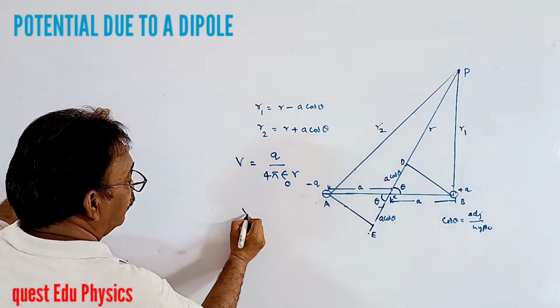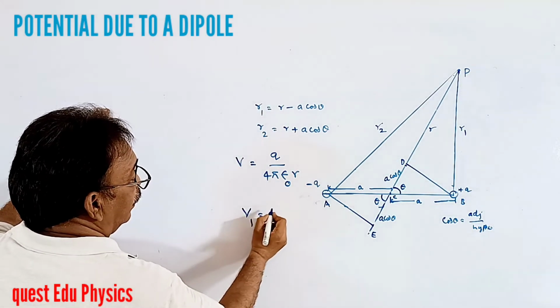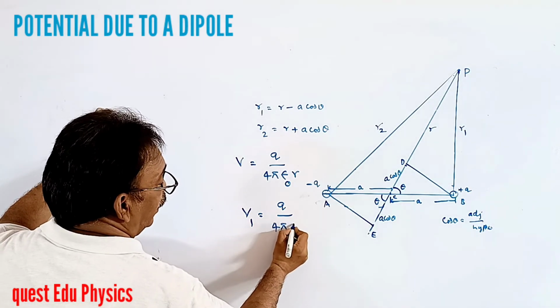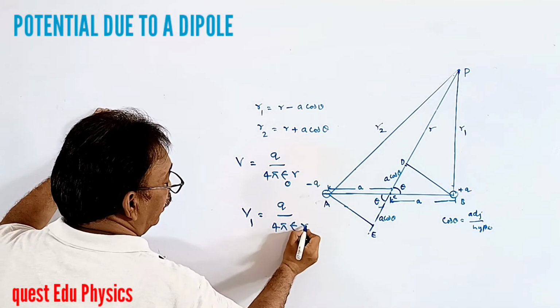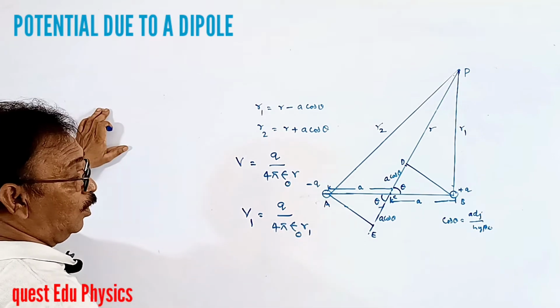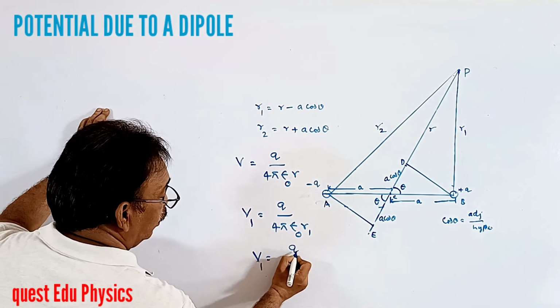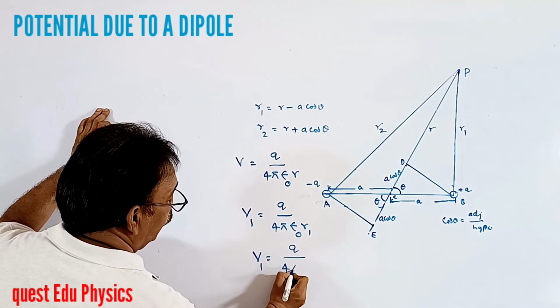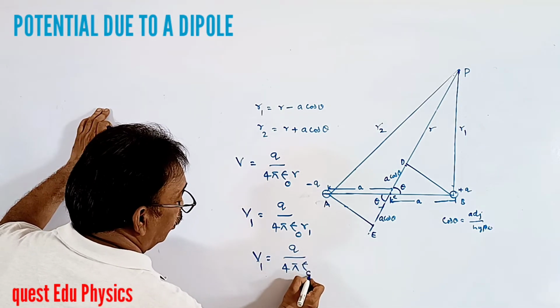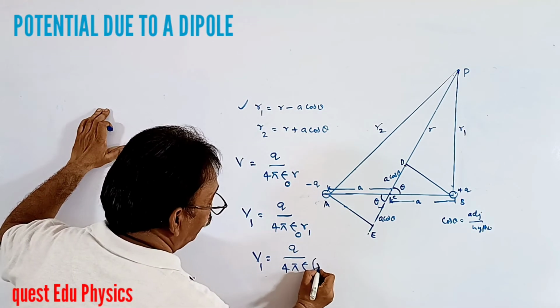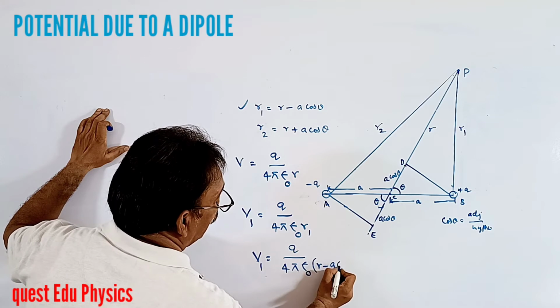Then we can write V1 is equal to Q by 4 pi epsilon naught into R1, and it can also be written as V1 is equal to Q by 4 pi epsilon naught and R1. R1 is equal to R minus A cos theta.